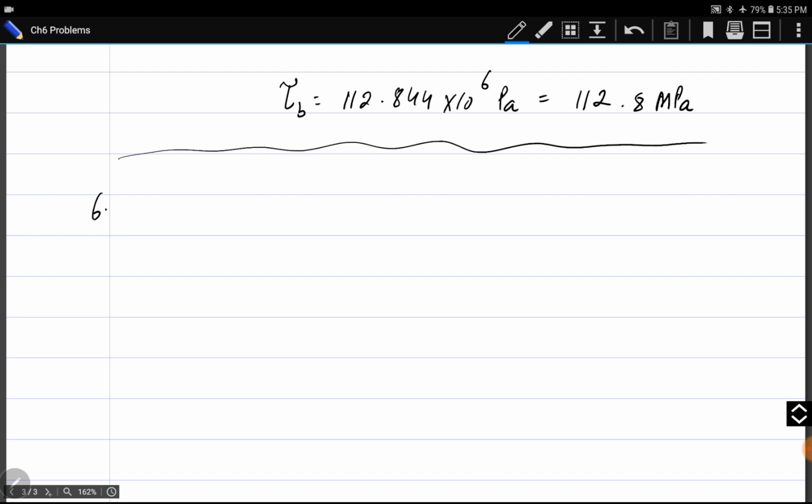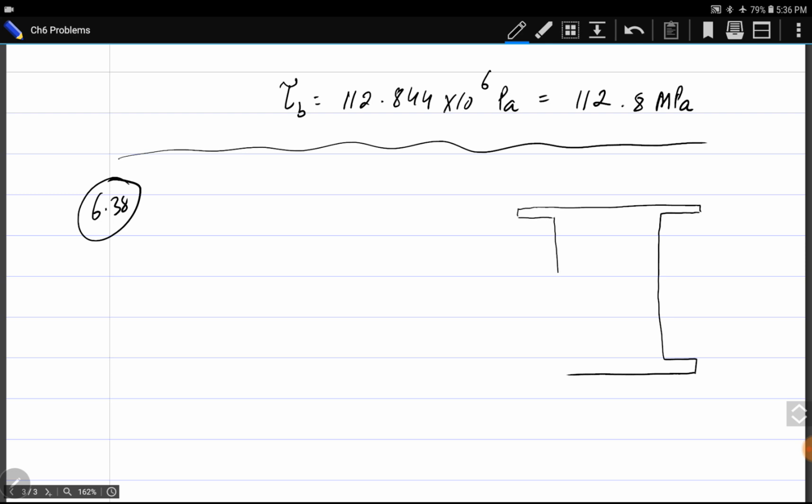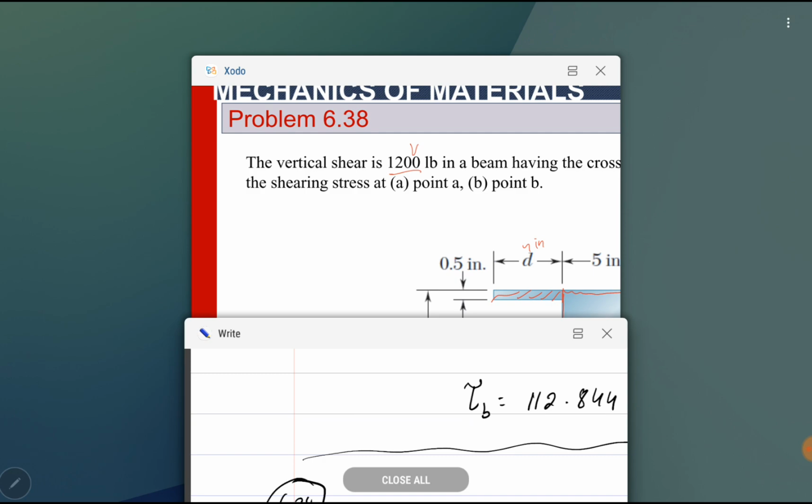Problem 638. Here is a diagram. This is 5 inches. Is this in inches? Yes, 5 inches.